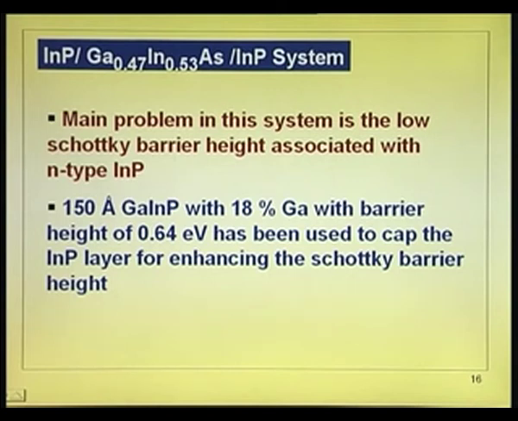The moment there is a problem, people play games and try all sorts of tricks to overcome it. They put gallium indium phosphide with 18% gallium, which gave a barrier height of 0.64, better than 0.4. Okay, you get a Schottky barrier. On the indium phosphide layer, they put a gallium indium phosphide layer, which is lattice matched.